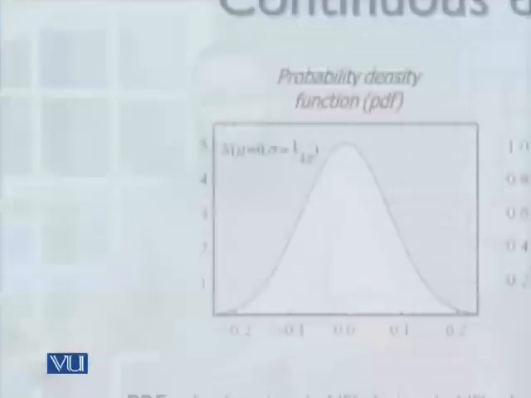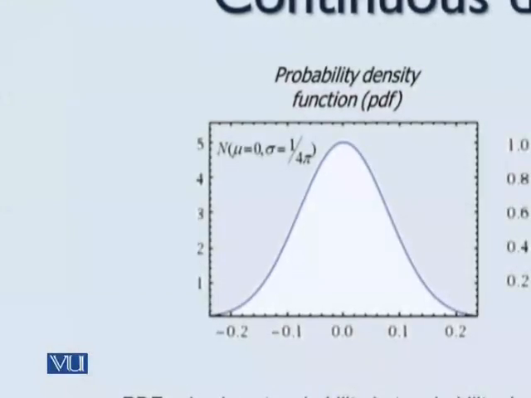When we were talking of discrete distributions, the probabilities never exceeded 1. In fact, the probabilities of all outcomes summed to 1. In this case, you see that for a normal distribution in which the mean is 0 and sigma is 1 over 4 pi, some densities are actually more than 1.